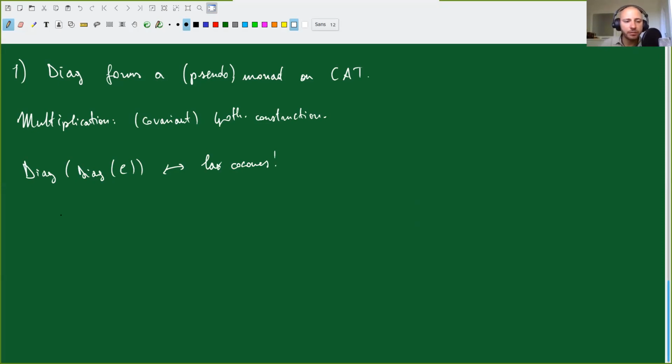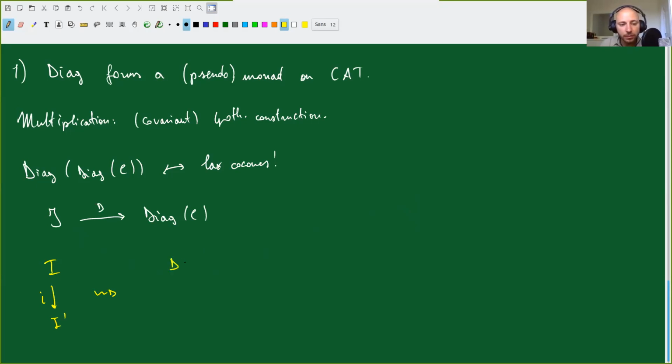Well, suppose you have a small category and a diagram into diagrams of C. So what's happening here is that we have objects of I, and now the first i is mapped to a diagram in C, which in Cat looks like this.